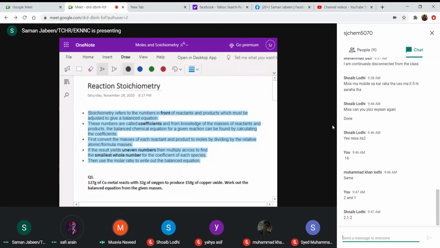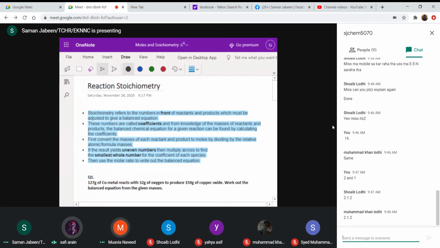Oxygen is a gas, beta. So 32 divided by 32, because it is O2, double, so 16 multiplied by 2.